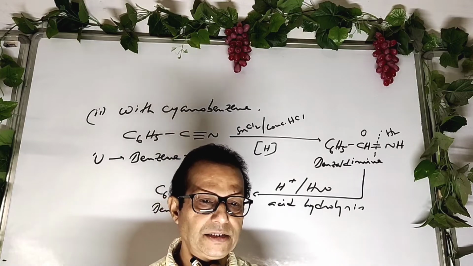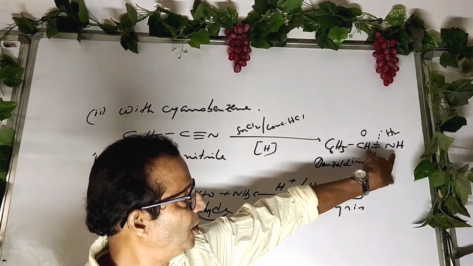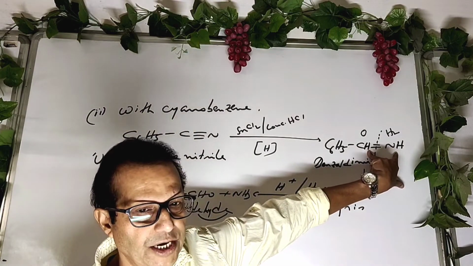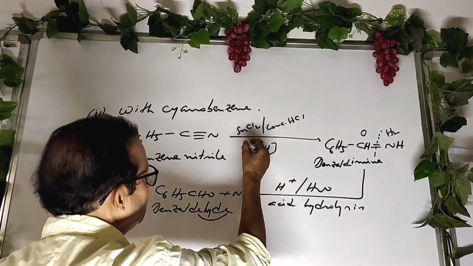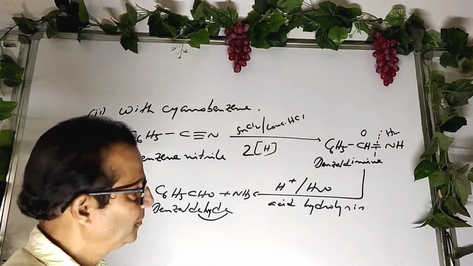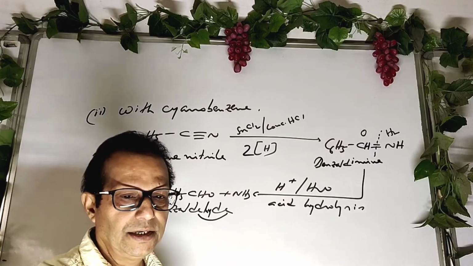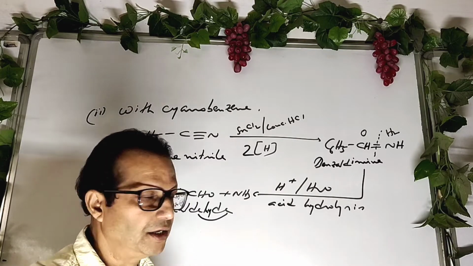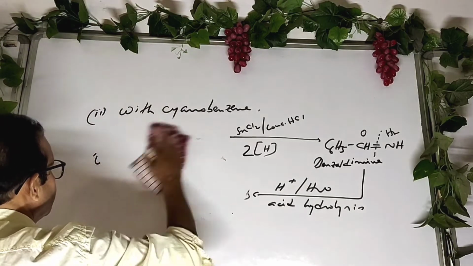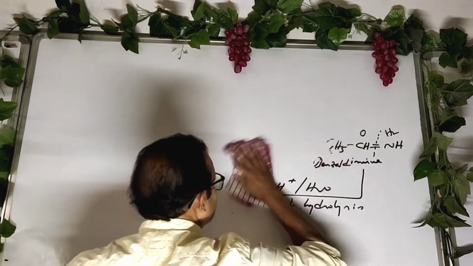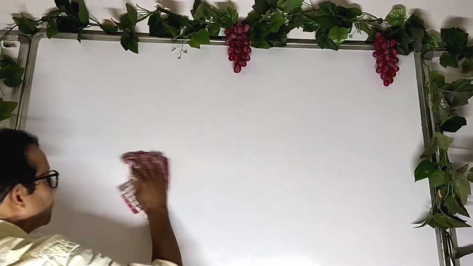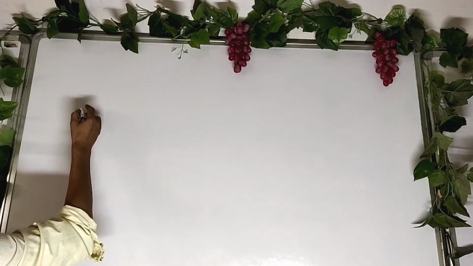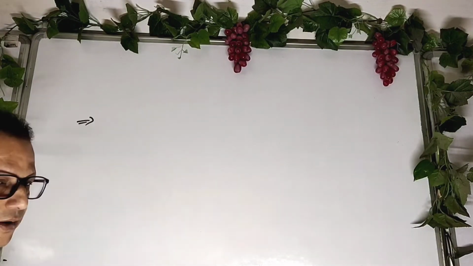Can you balance it? You have entered 2 hydrogen atoms here. So put 2 to balance. Now let's write the definition of Stephen reduction. So write down the definition, okay?